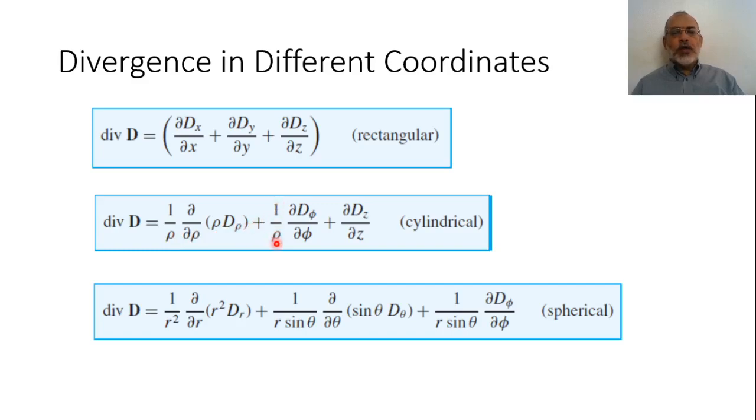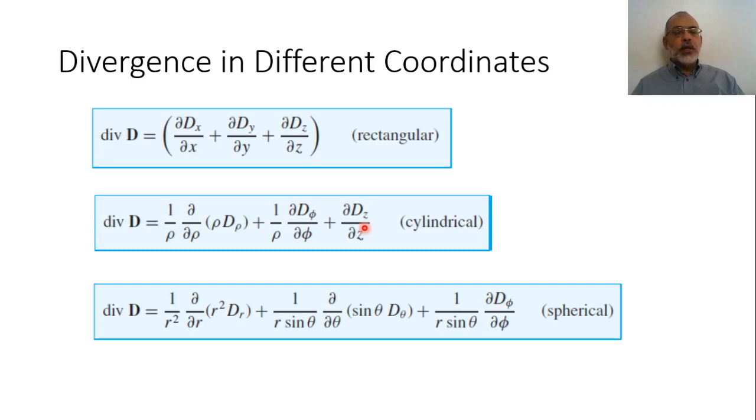Plus 1 over rho, the derivative of D phi with respect to phi, plus the derivative of Dz with respect to z. Effectively, this component corresponds to this component. As usual, in the relation between cylindrical and rectangular, the z component here is the same as the z component there.